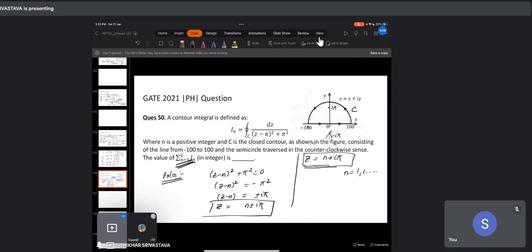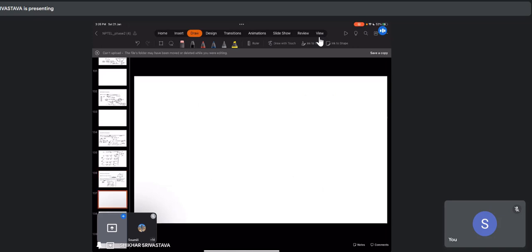In this question, now you just find this In by using the simple Cauchy residue theorem, which is 2 pi iota times... Maybe I will use another page. So by Cauchy residue theorem, your In will be 2 pi i times the residue of the function f(z) at the poles which lie within this closed curve.